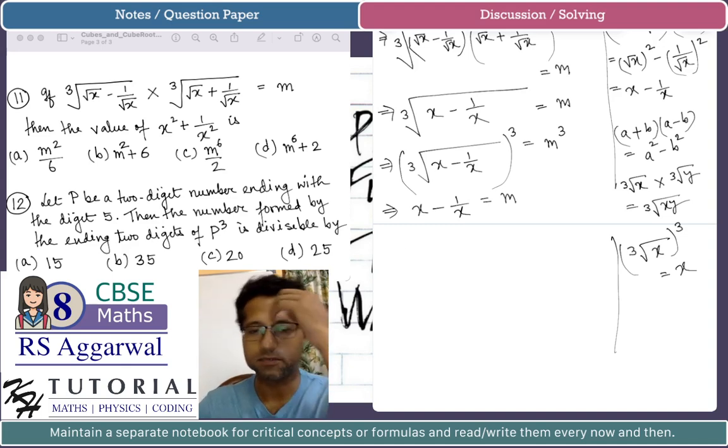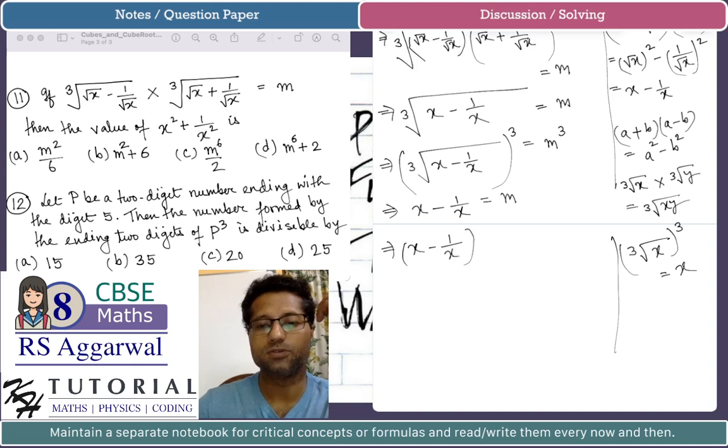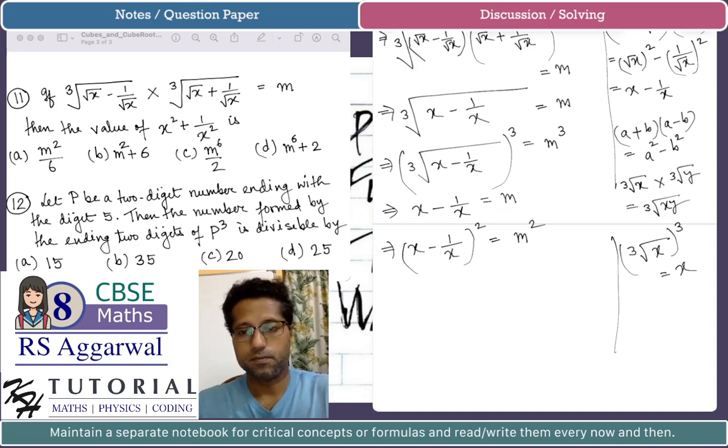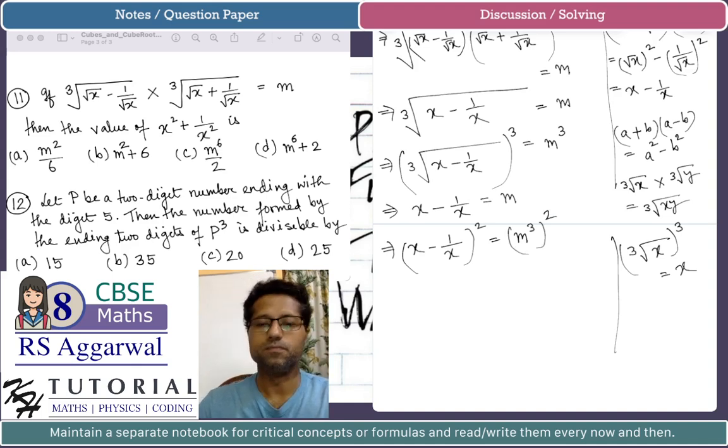So we got x minus 1 by x equals m cube, and if I do squaring on both sides, I will get the square of x minus 1 by x equal to m cube raised to the power 2.